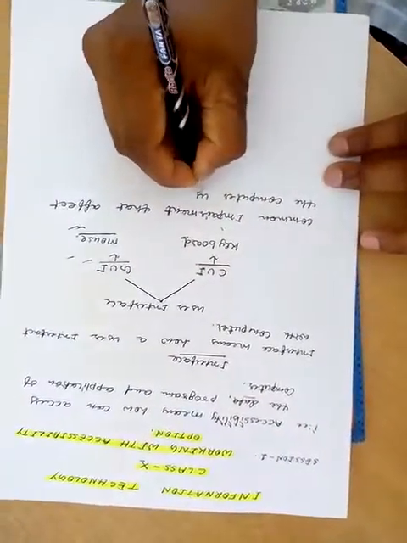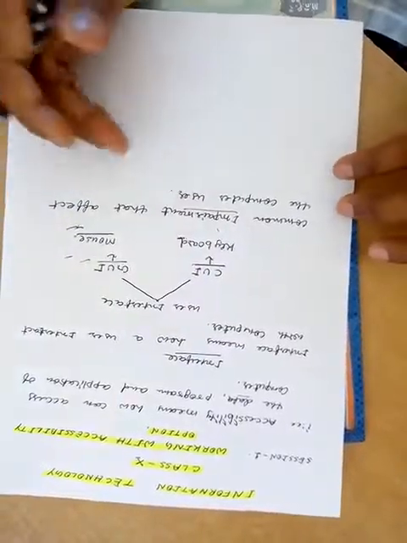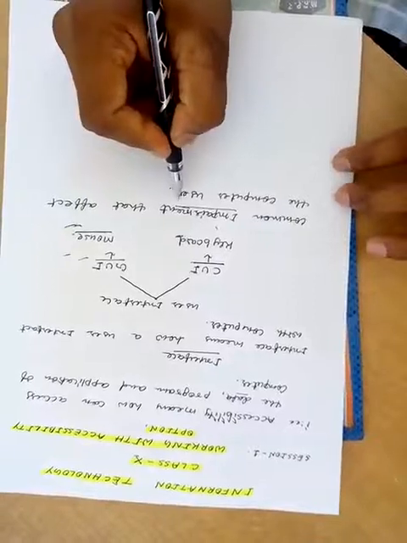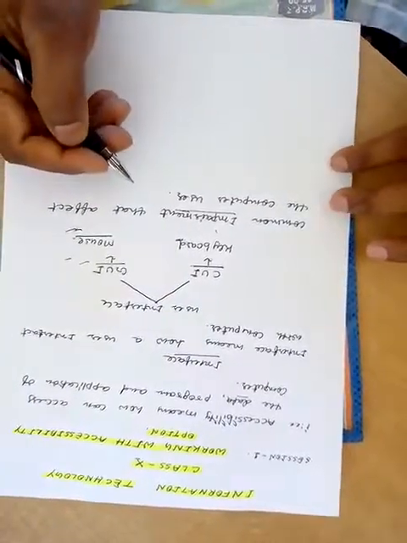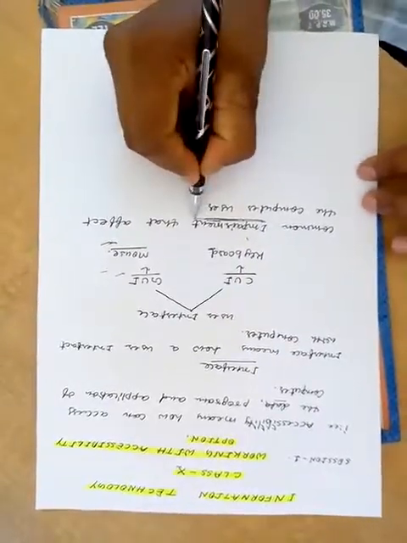What do we mean by impairment? It means a person who is disabled, affected by some problem and unable to access the computer, is considered as having an impairment.